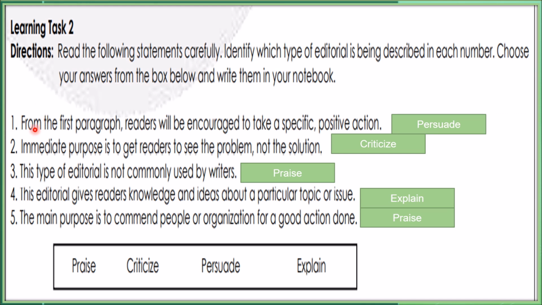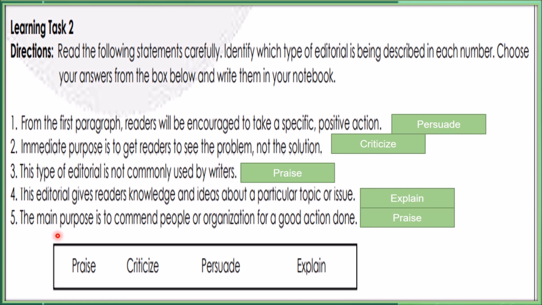So, let us identify once again what type of editorial is being described. For number 1, from the first paragraph, readers will be encouraged to take specific positive action. This is persuade. Immediate purpose is to get readers to see the problem, not the solution. It is criticize. And this type of editorial is not commonly used by writers. It is praise. This editorial gives readers knowledge and ideas about a particular topic or issue. It's explain.